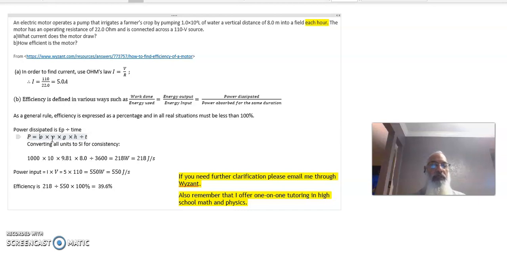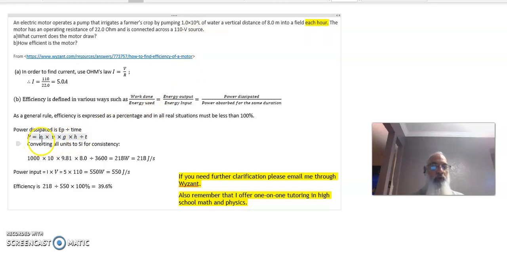The volume is given in liters. And again, liters are not SI units, so you have to convert that to meter cube. This is 10,000 liters, and if you divide that by 1,000, because there are 1,000 liters to a meter cube, you get 10 meter cube. So volume is 10.